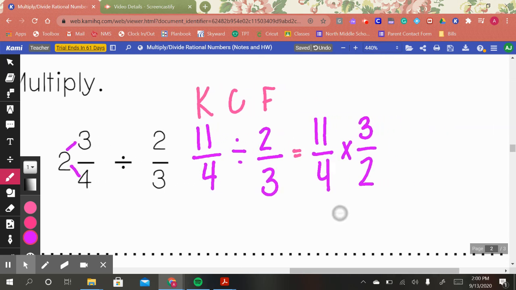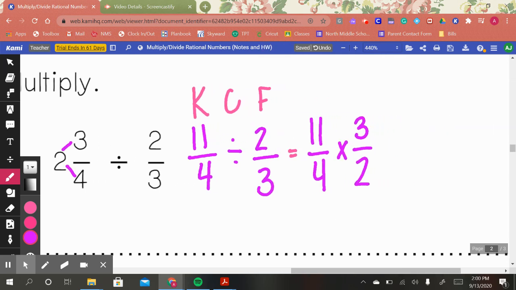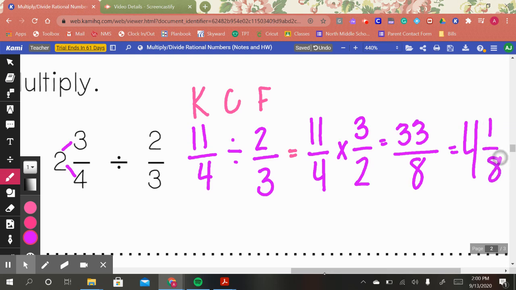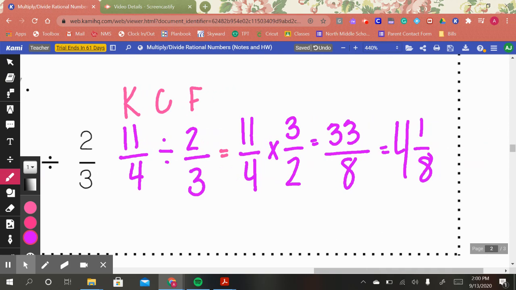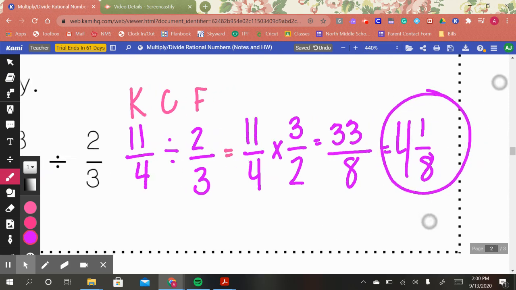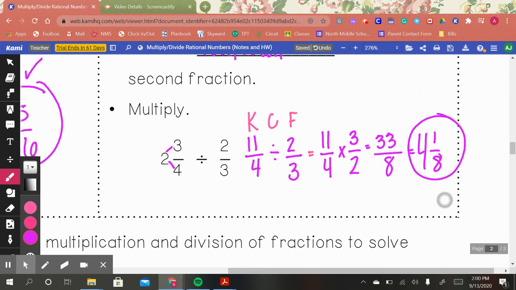Okay, 11 times 3 is 33, and 4 times 2 is 8. 8 goes into 33 4 times, and I have 1/8 left over. Okay. Keep, change, flip. 4 and 1/8 left over.